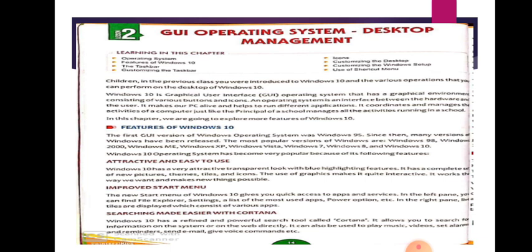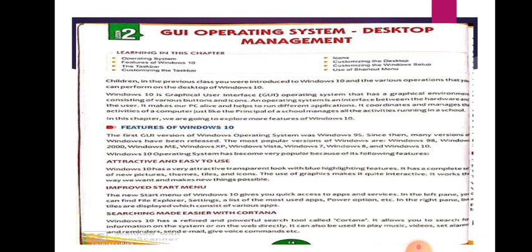Windows 10 is attractive to use. It has a start menu, and it has made searching really easier with Cortana. Now the question must be running in your mind: what is Cortana?